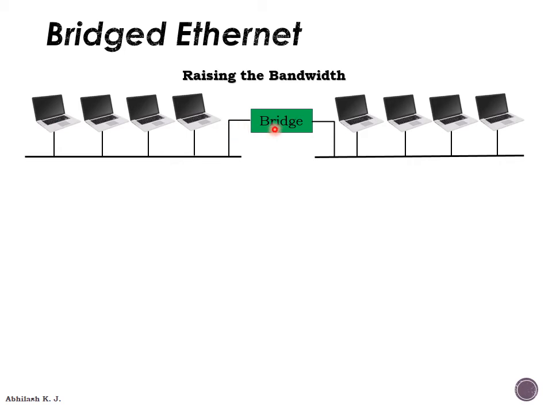In case there is heavy load, each station will be offered 10 by 5, that is 2 Mbps each, instead of 10 divided by 8. So in the earlier unbridged network scenario, 10 Mbps is shared by 8 stations. Now it is being shared by 5 stations only. Thus the bandwidth offered to each individual station is increased.